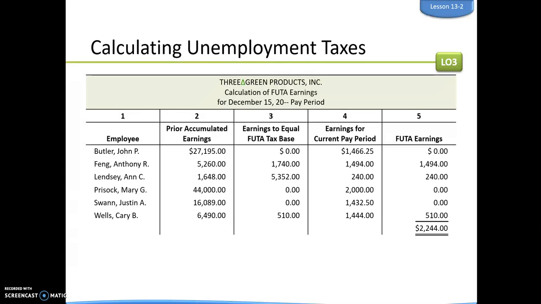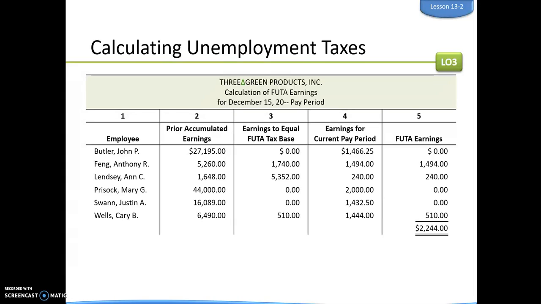For the next employee, Ann Lindsay, $1,648 for prior accumulated earnings. To reach the $7,000 threshold, you need to be at $5,352. So the entire amount of earnings for the current pay period will go towards the federal unemployment taxable earnings.